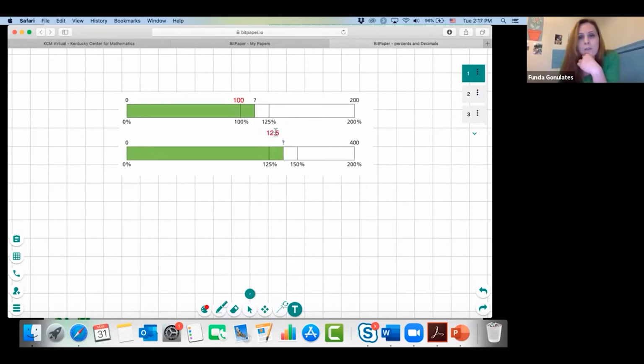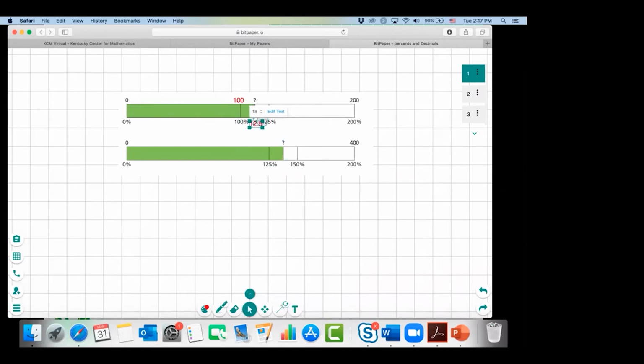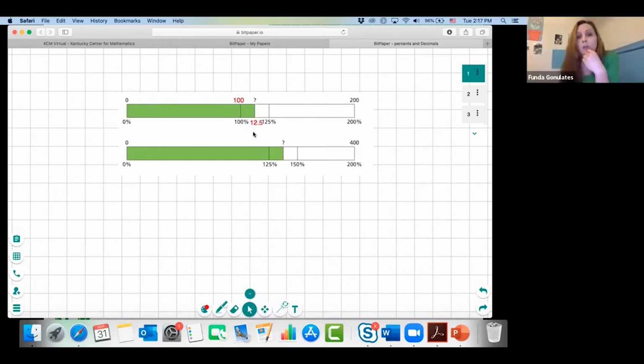Did you do the percents or the numbers? I focused on the percents, but in this case, that wasn't easy. So that length from 100% to the end of the green bar is 12.5%. And the location, because it's midway, is 112.5%. Yes. So this is midway through.